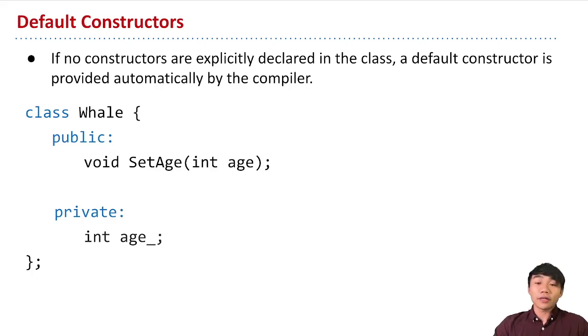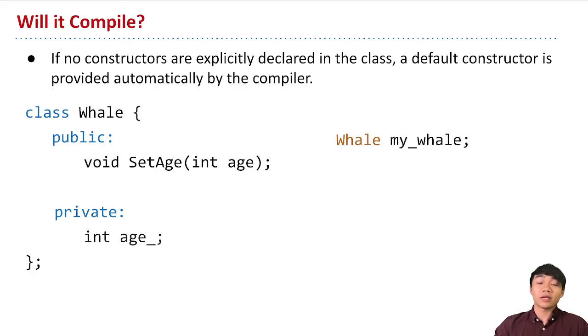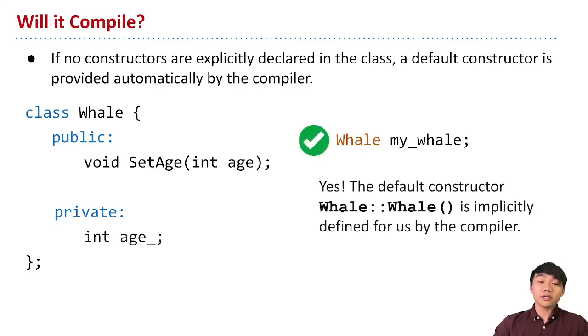So if I were to write this line of code right here to invoke the default constructor, right? I have the name of the class, Whale, and then a variable name, and then just a semicolon. This is going to try to invoke the default constructor. This line of code will compile because the default constructor is implicitly defined for us by the compiler.